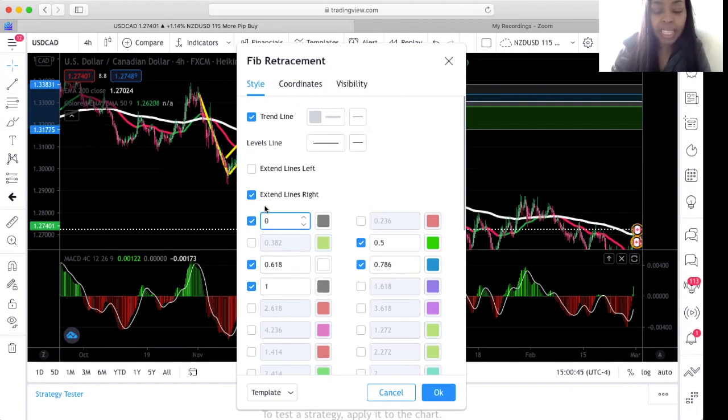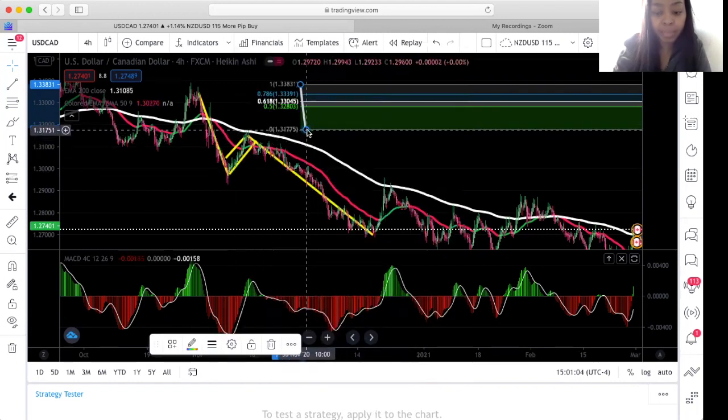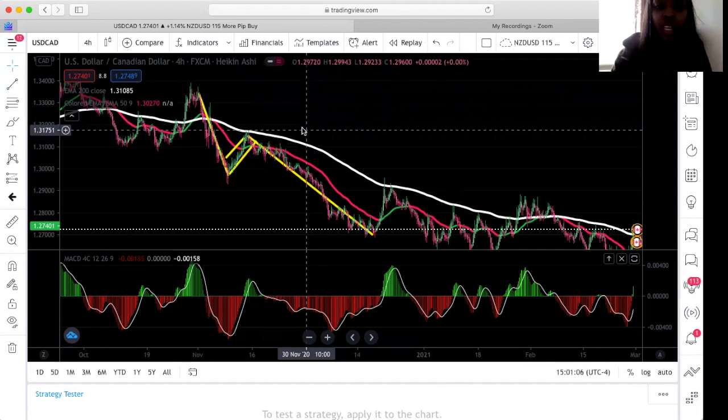I always extend my lines to the right or the left. It doesn't really matter. And I keep my trend line. If your background is black, I have my trend line be white, solid line, and vice versa. Okay. Now, I'm going to click OK.